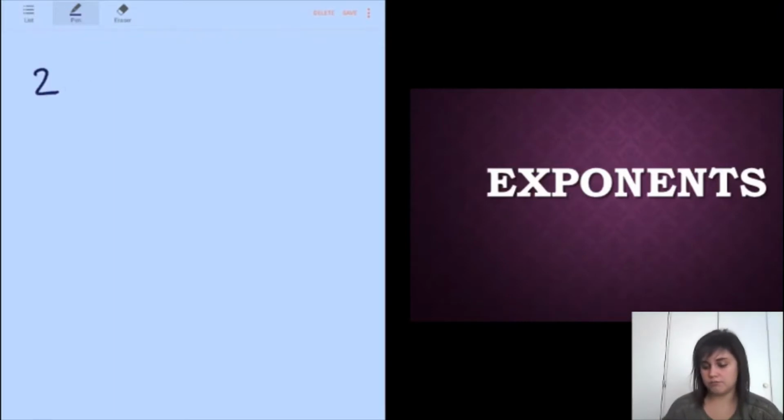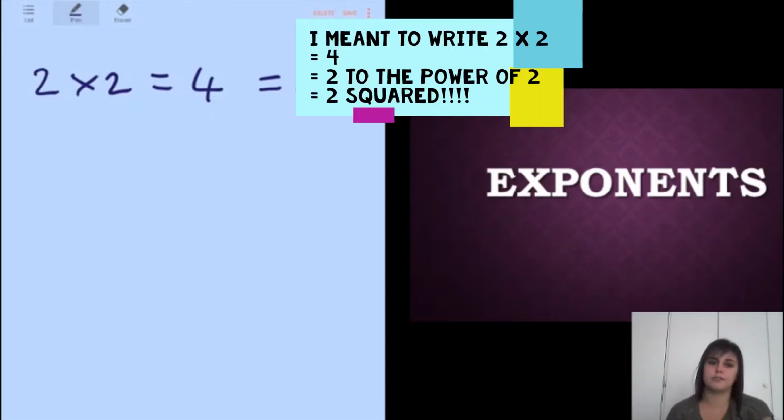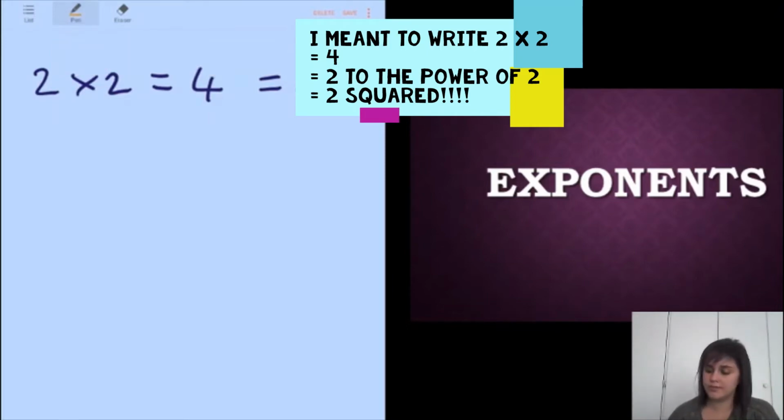You know that 2 times 2 is equal to 4. And a while back, I told you guys that we will be doing this. And that's also equal to 4 to the power of 2. Now, that to the power of 2 is also saying 4 squared.